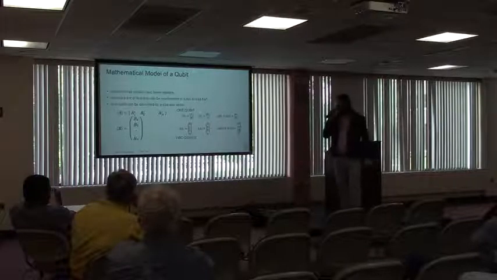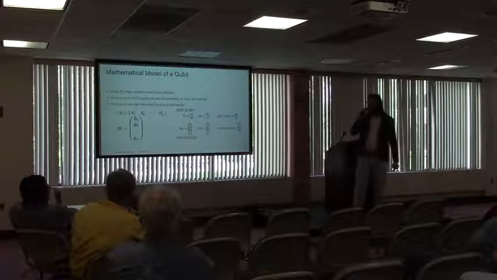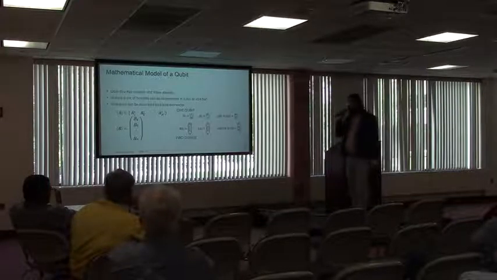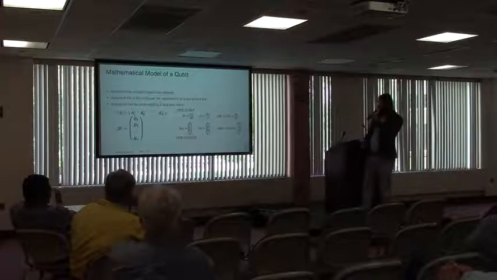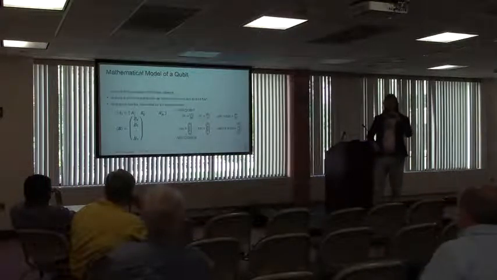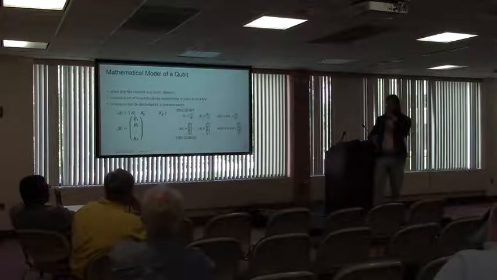And the ket, for example, ket B, indicates a column vector. We are not going to use them too much in this presentation, but we can also describe the state of a qubit using linear algebra and a vector.